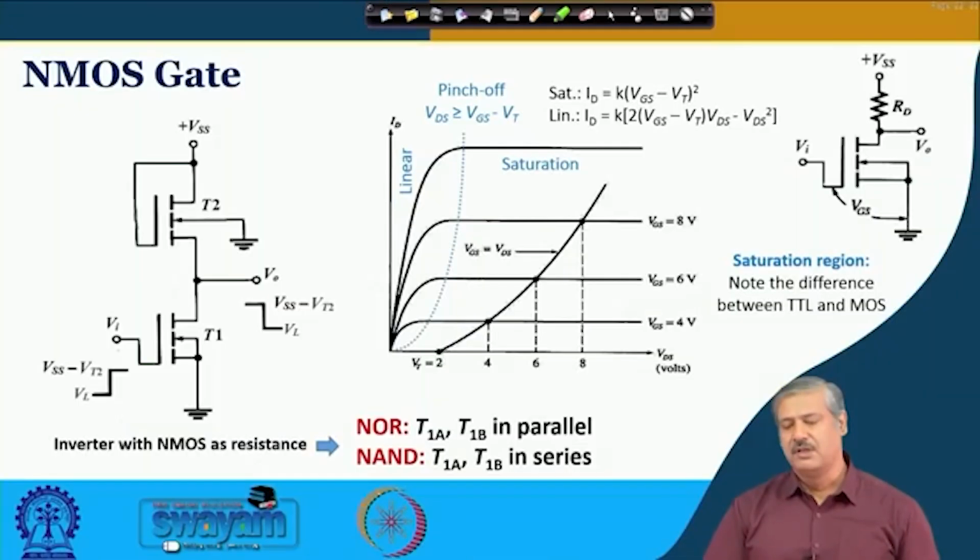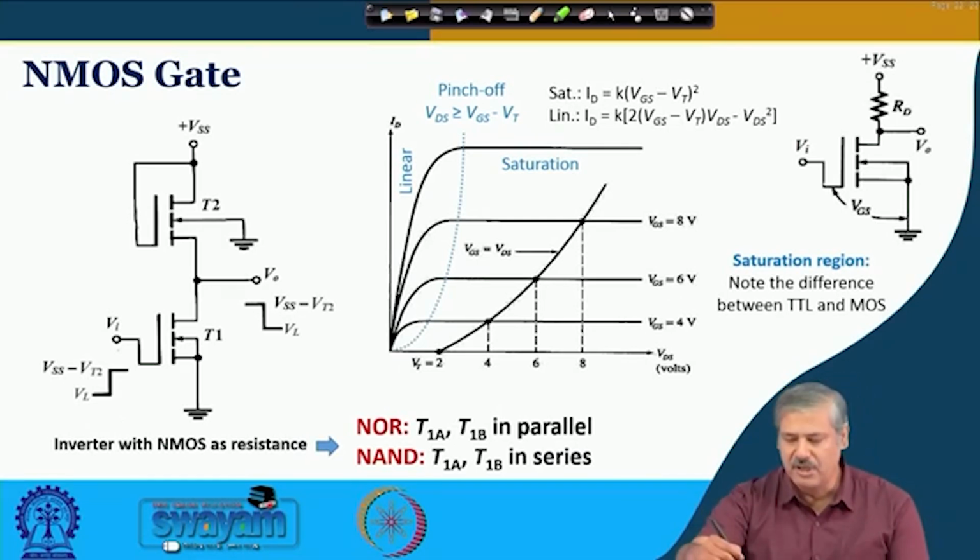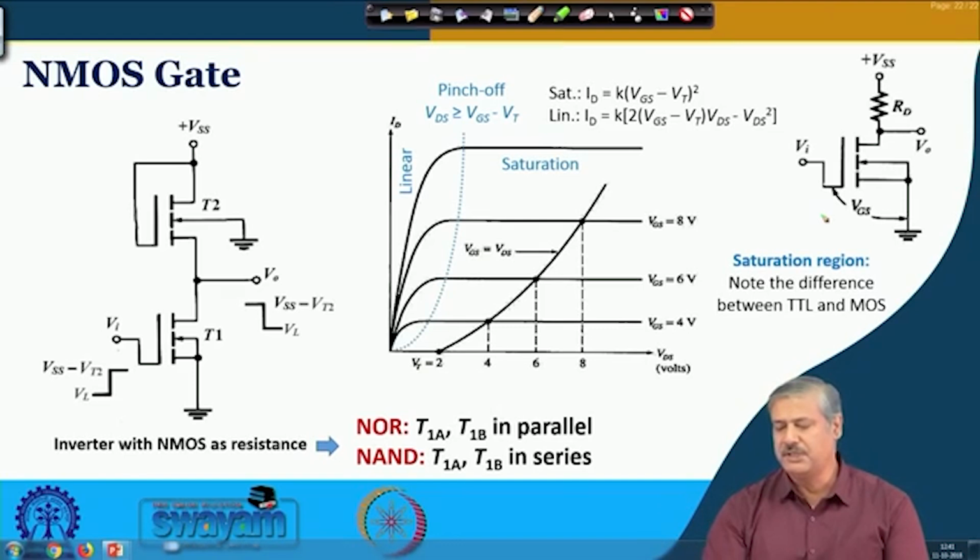A MOS device is a field effect device which offers very high input impedance, because the input is connected to an insulator oxide layer. But it can be used as an inverter, just like the BJT based inverter that we used before, with the exception that RB is not required.